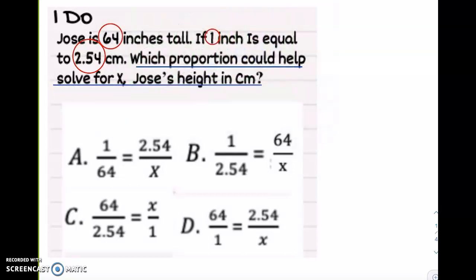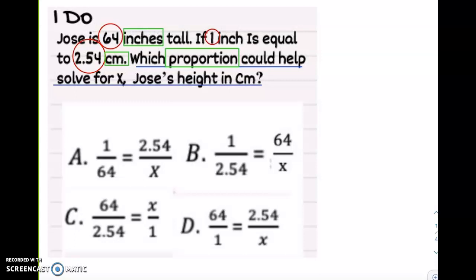After that, I'm going to box in my keywords, and some of the keywords are inches, centimeters, and proportion. Now, when we see the word proportion, we know that the first thing we gotta find is which units are we working with.